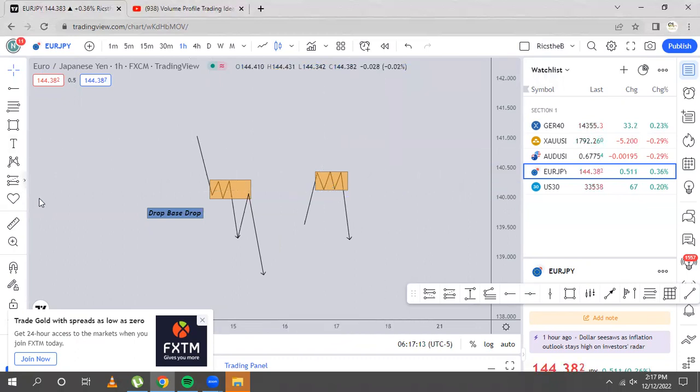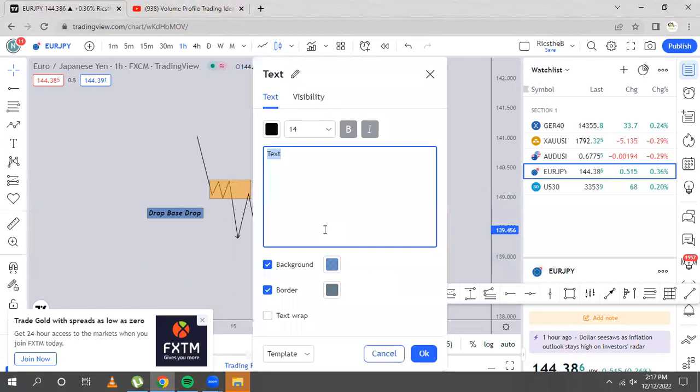At times we'll tend to see price gravitate towards this point, then a continuation of the sell. So I'll call this rally, base, drop type of supply.